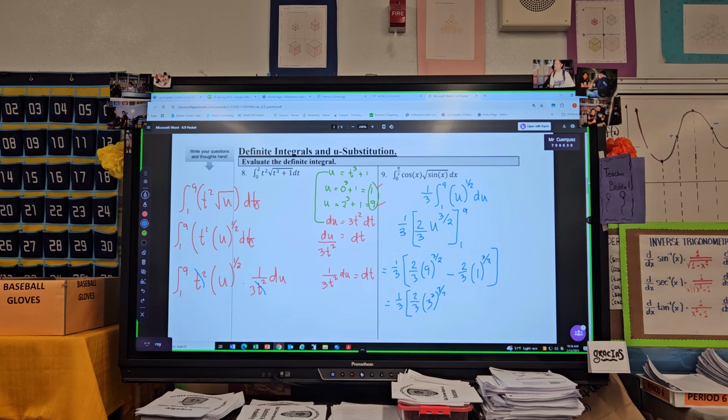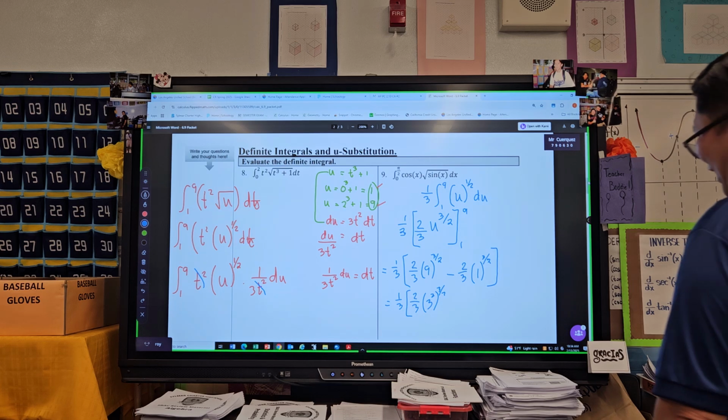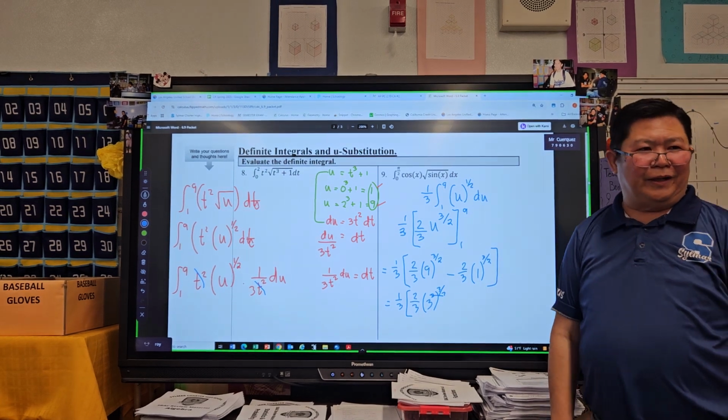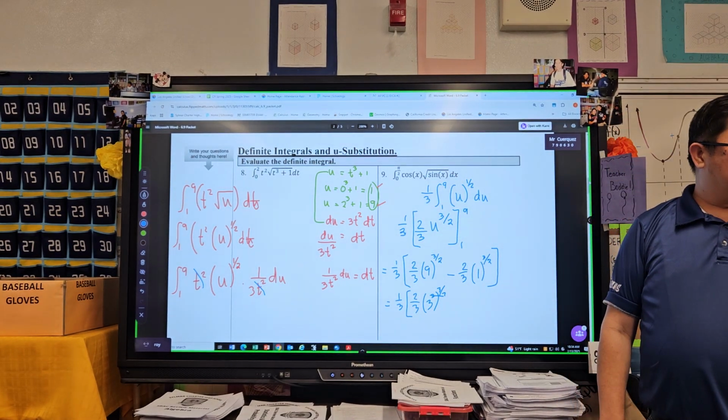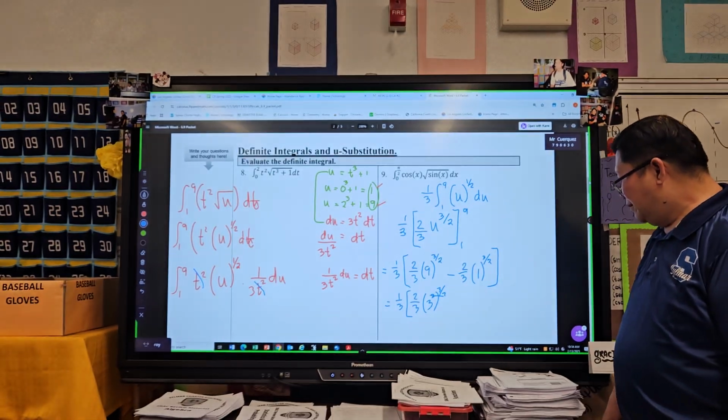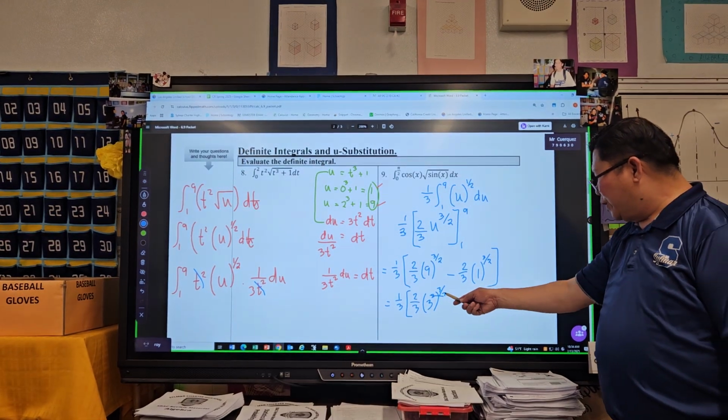What is 3 to the power of 3? 27. Divided by 3. Cancel this first. So 3 to the power of 3. The 3's cancel out. 2 to the power 3. The 2 cancels out.